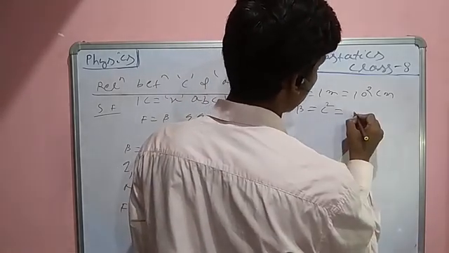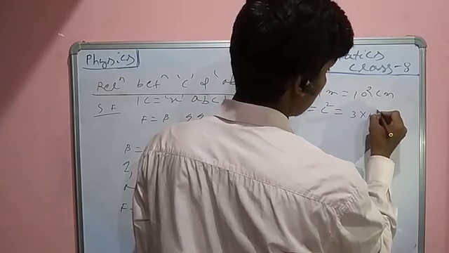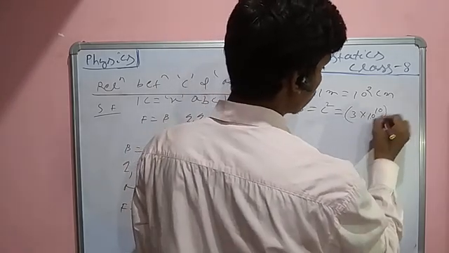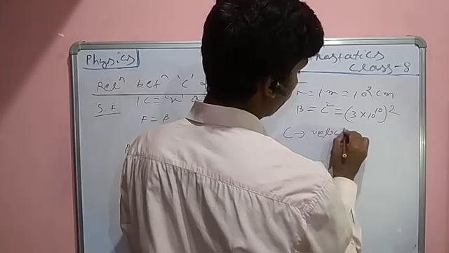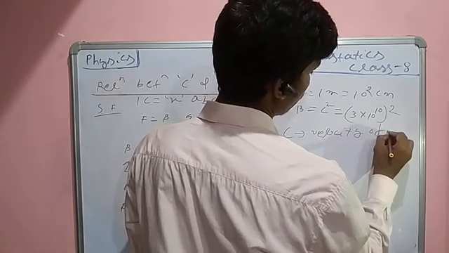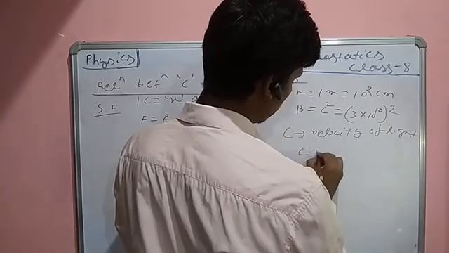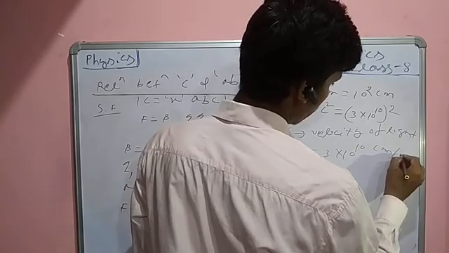So c is equal to 3 into 10 to the power what? 10 centimeter per second square. C is the velocity of light. Velocity of light, what is the value? 3 into 10 to the power 10 centimeter per second.